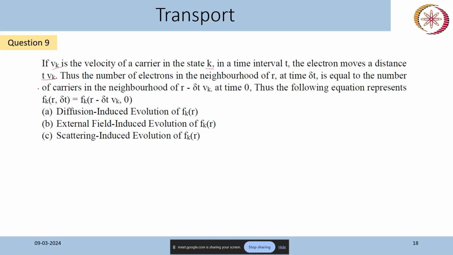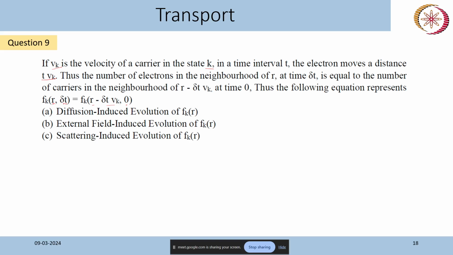That is basically this statement: the number of electrons in the neighborhood of R, that is the position, after time delta t is equal to the number of carriers in the neighborhood of R minus delta t times Vk at time 0. The carriers that were at this position at time 0 will move to position R after delta t, because the carriers are moving with a velocity Vk and the time is delta t.